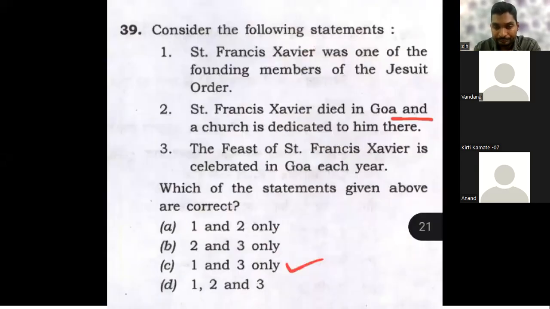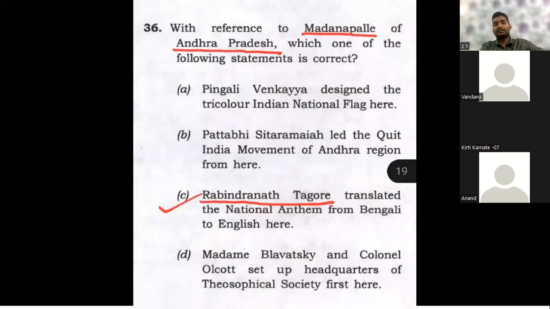Now, moving ahead, another pattern, another format that has been visible over the past few years: UPSC has been using 1 or 2 questions every year which have the application of the odd one out principle. If you look at this question, where I have highlighted Madanapalle and Andhra Pradesh, when you read Madanapalle and Andhra Pradesh, it's quite natural for you to think about South India.